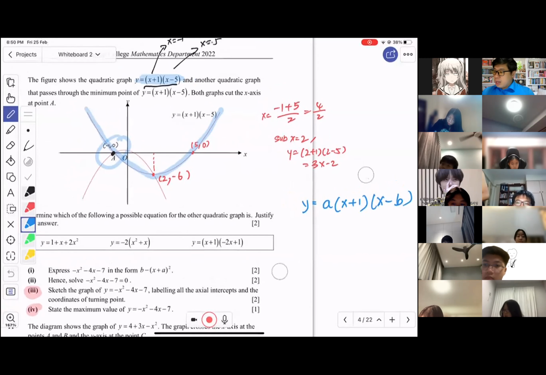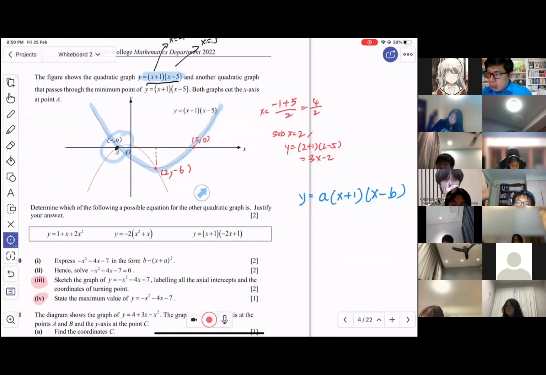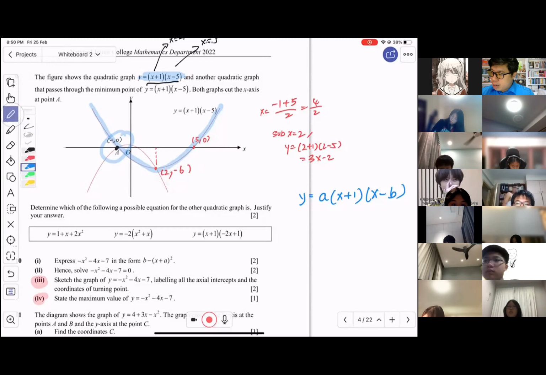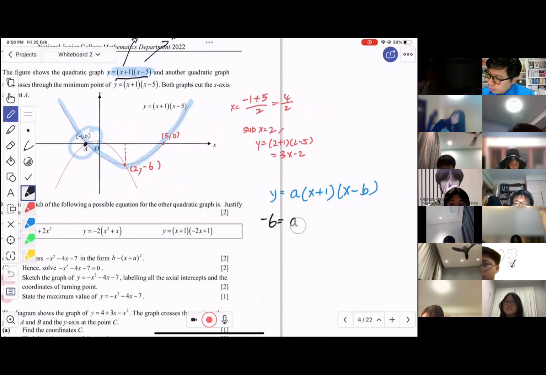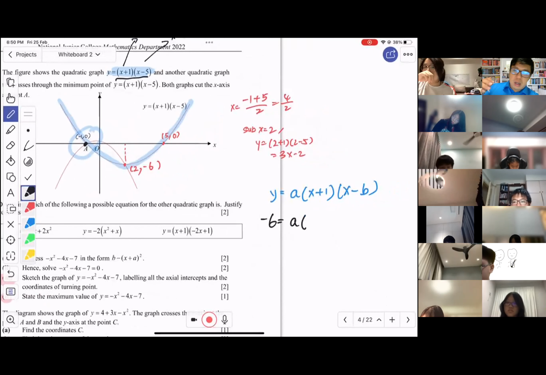So then from here, I have negative 1, 0. I will sub in 2 and minus 6. So if I sub negative 6, a, then 2 plus 1. So 2 is here. So that is 3, 3 minus b.